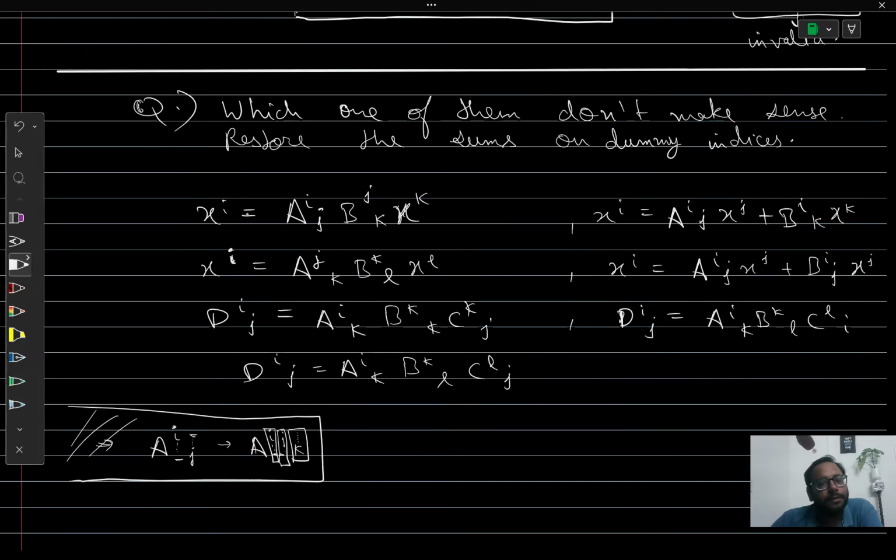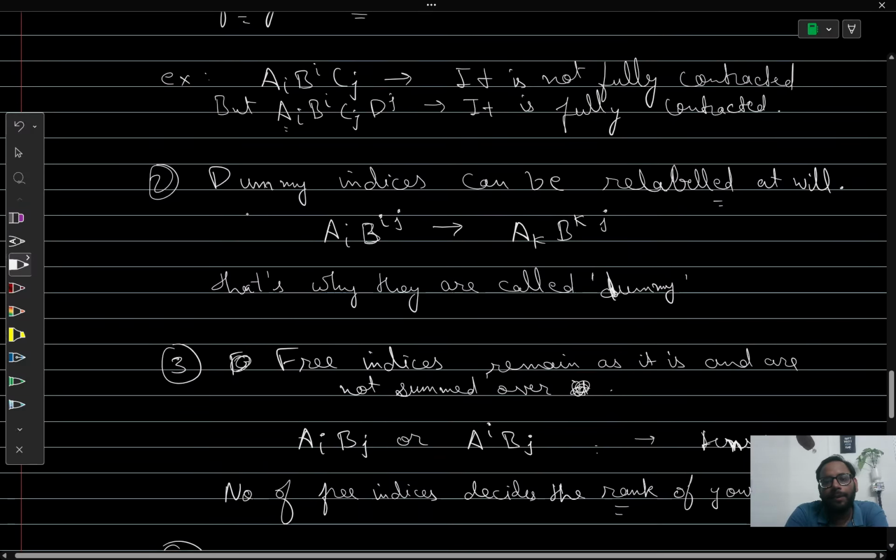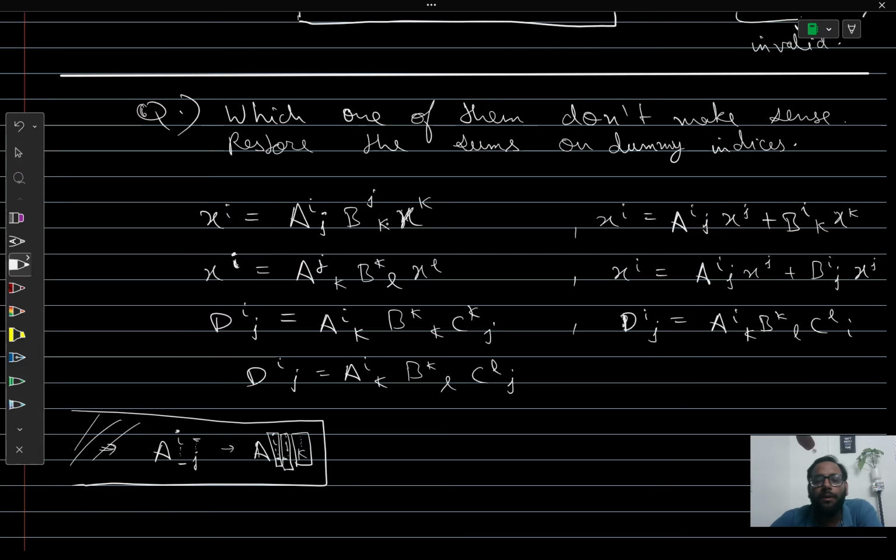And what were our other rules? You can relabel your dummy indices, but of course not the already given indices. You can relabel j, for example to l, and it will not affect my expression. So I can write a_il_lk_k, and it will not affect it. Or you can replace k with l or some other index; it will not affect.